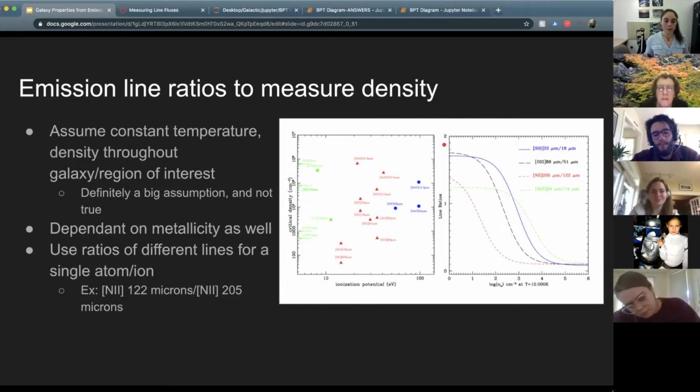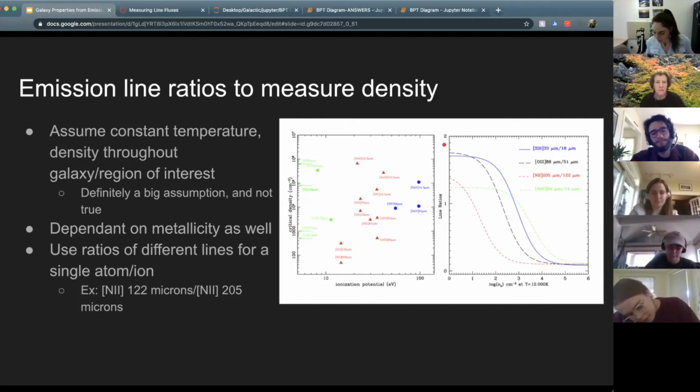So more metals means more cooling, which means lower temperature, which is going to change the emission line ratios we expect to see. But once you have an idea of the conditions in your galaxy, the temperature and the metallicities, you can use your ratios of emission lines of a single atom or a single ion of that atom to get at the density.